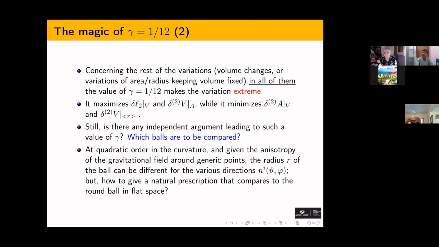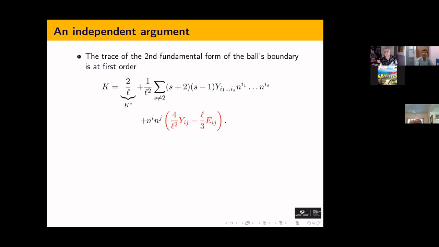But now, how to give a natural prescription that compares the round ball in flat space with something which now has different values of the affine parameter as the radius? And here there is an independent argument. We can compute again a geometric quantity. We can take the boundary of the ball, which is a two-sphere, and then we can compute the trace of its second fundamental form.